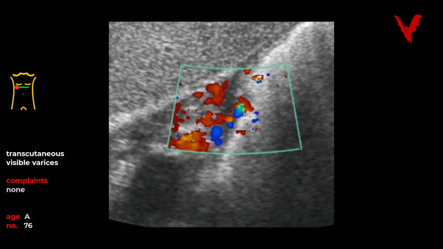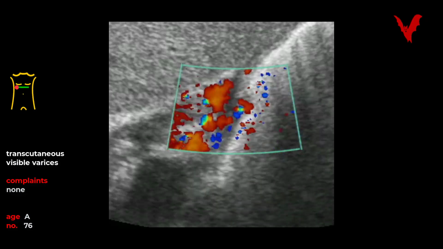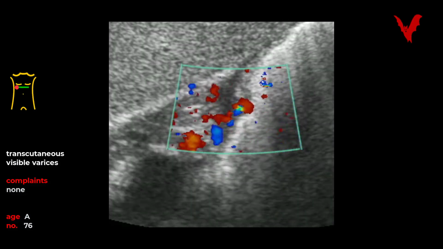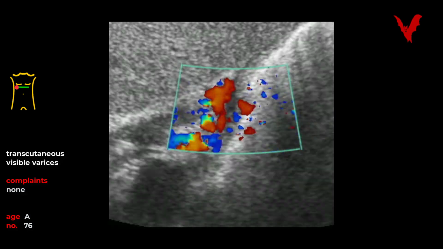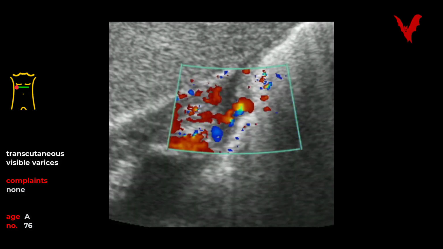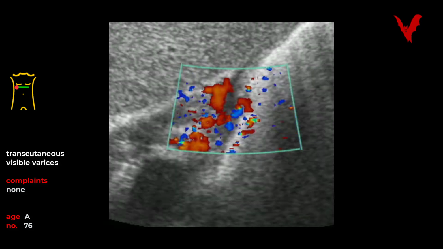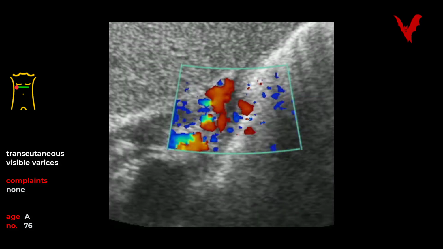The seldom feature of transcutaneously depictable varices with the nowadays equipment is seen in this patient in number 76.